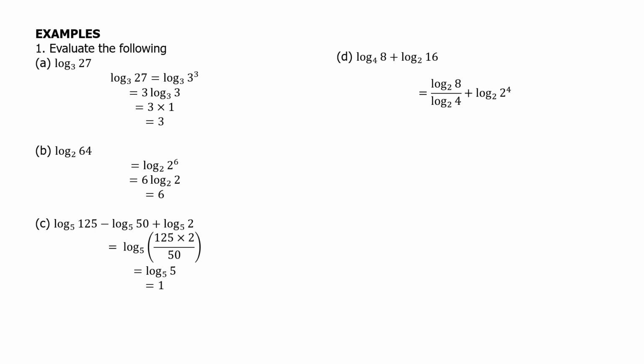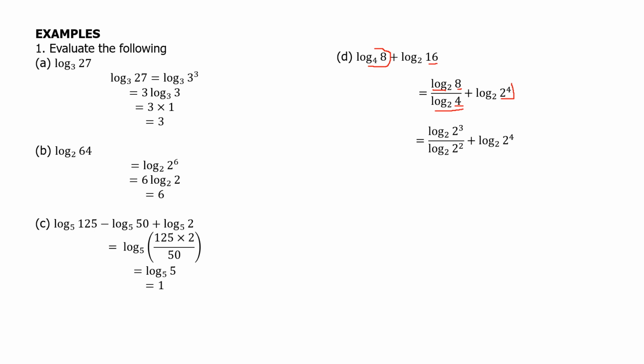So introducing here the base 2, we have log of 8 base 2, then log of 4 base 2. Then we are going to prime decompose 8, and then we prime decompose the 4. The 16 has already been prime decomposed as the 2 power 4 there.